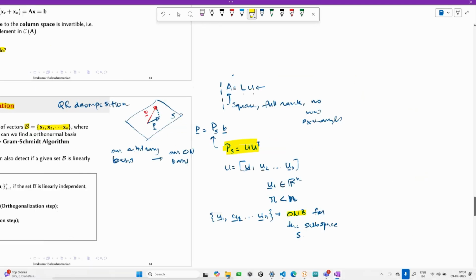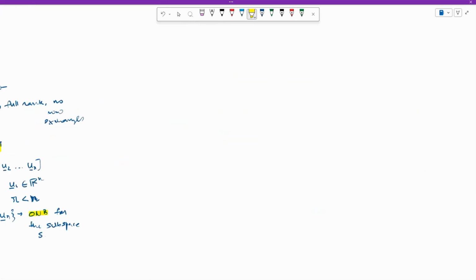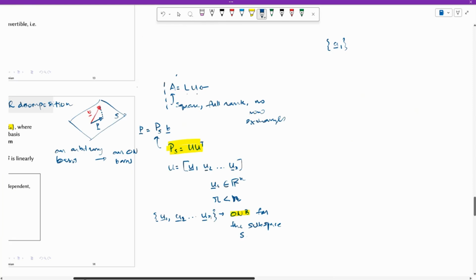Let's do it geometrically first. I was going to call the basis A, but I'm going to stick to X so that I don't confuse.